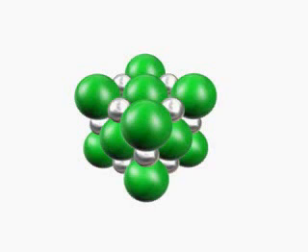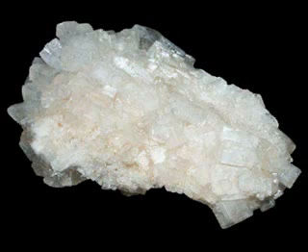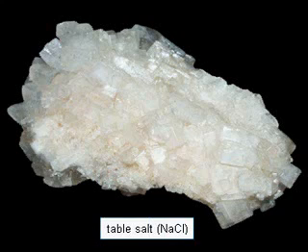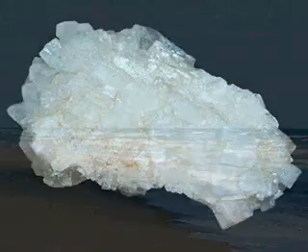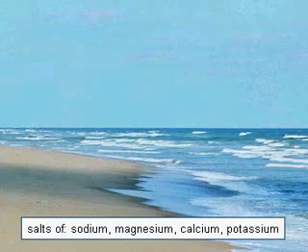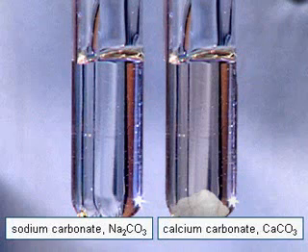Sodium chloride occurs in nature in the form of deposits of the mineral known as rock salt and as a component of seawater. Seawater also contains soluble salts of magnesium, calcium, and potassium. While all alkali metal salts are soluble in water, the salts of alkaline earth metals have varying solubilities.